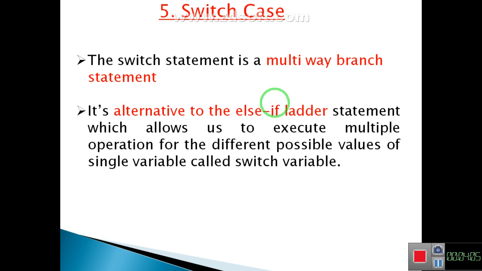If I provide 2 inputs, A and B, and in the switch case I provide the option A plus B, then whatever two numbers I provide will be added. For example, 2 and 3 give 5, then the corresponding case 5 will be selected. This is called the switch case.